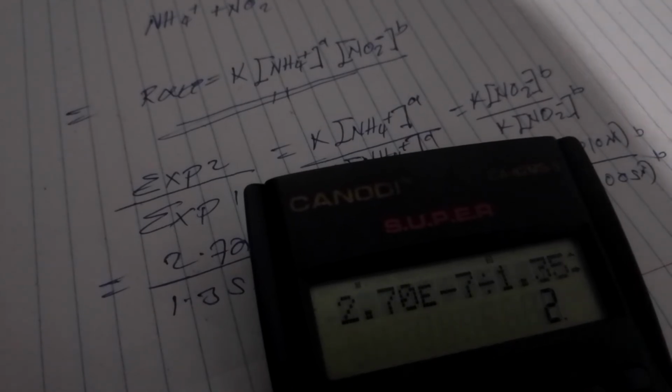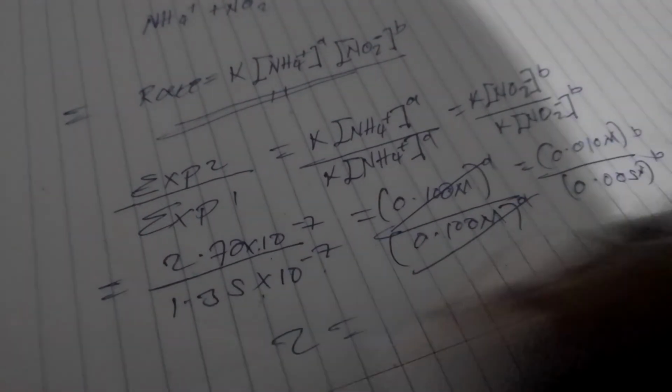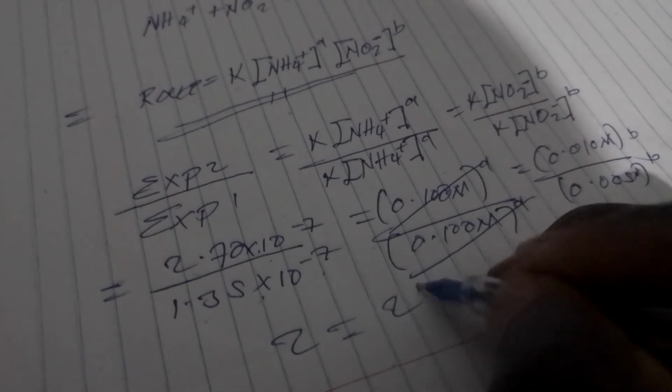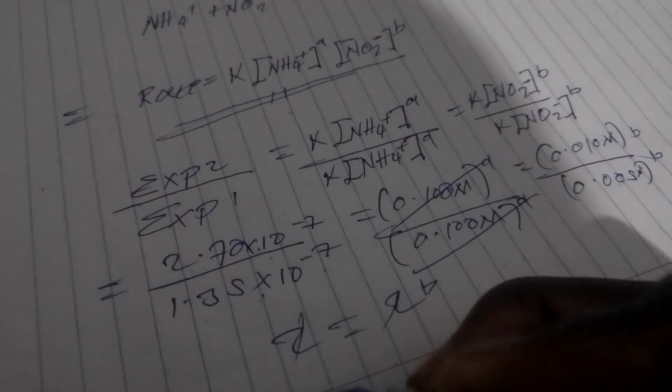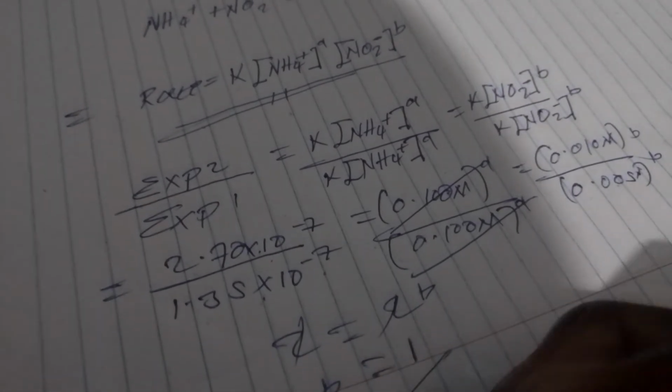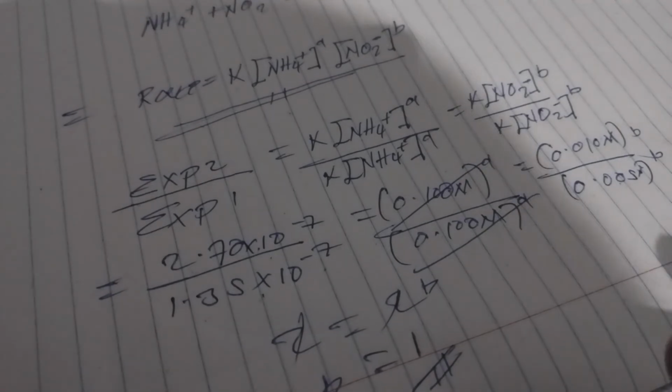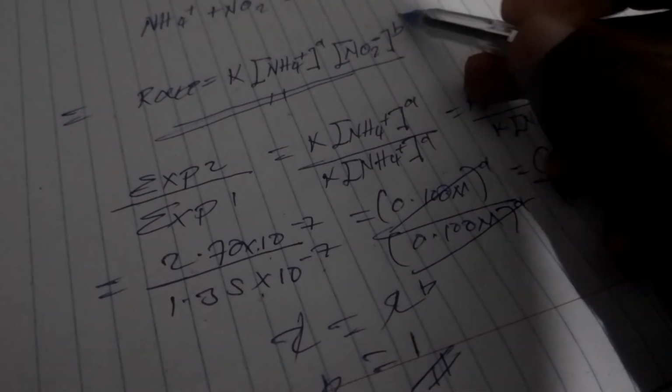So what is your answer? We remain with 2. The same applies here, we remain with 2, hence B. And what's our answer in this case? We're going to have 1. So that is our answer for B.